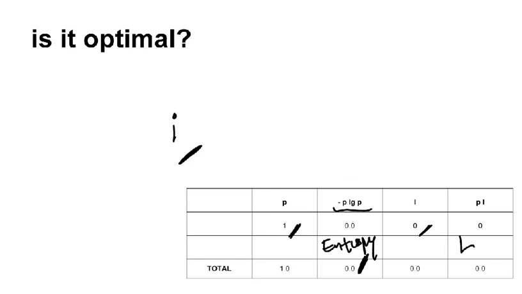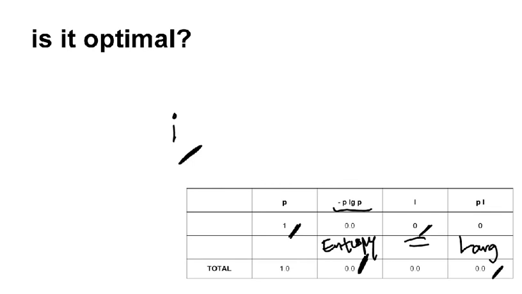As you can see here, the entropy is equal to the average length. So what we can say is that in this particular example, where we have only a single probability, a single event, the Huffman method is optimal. It is still optimal.